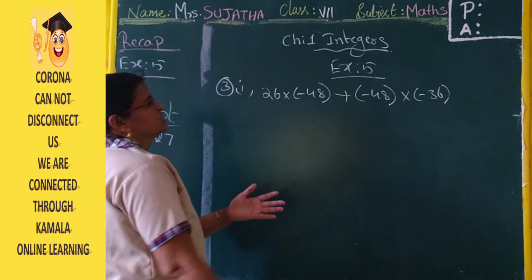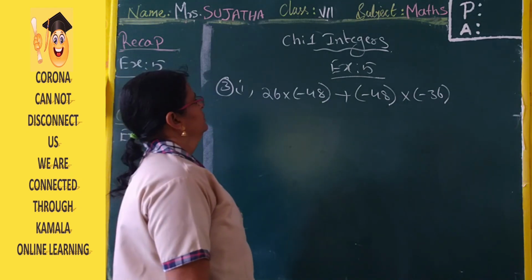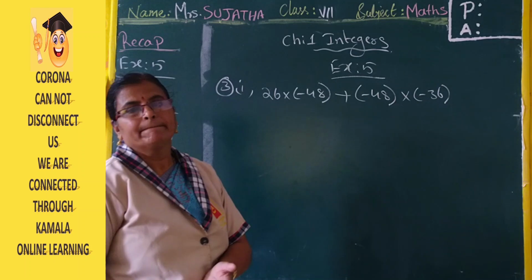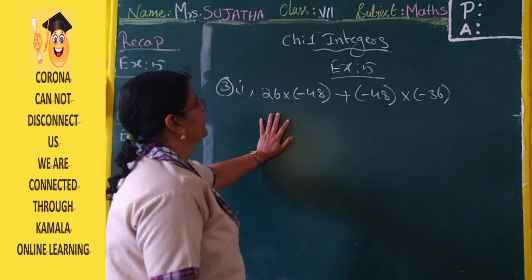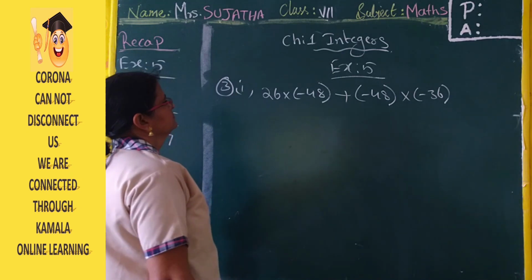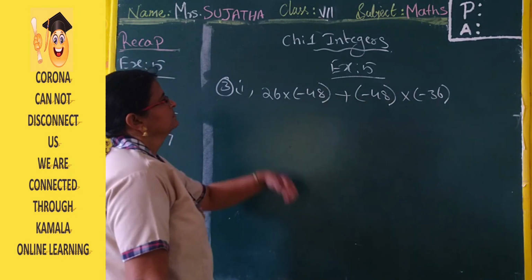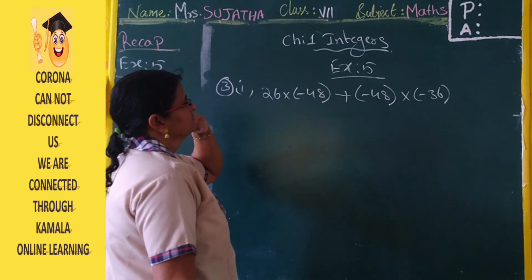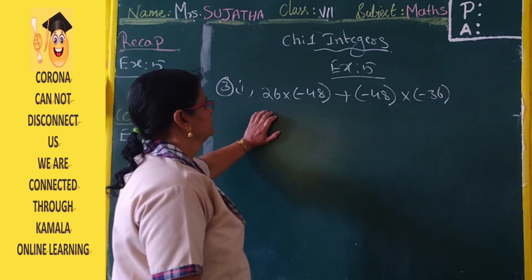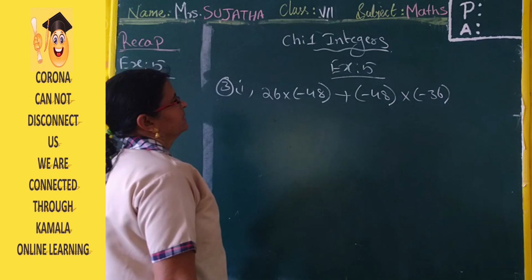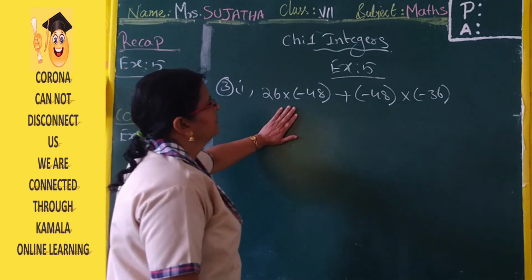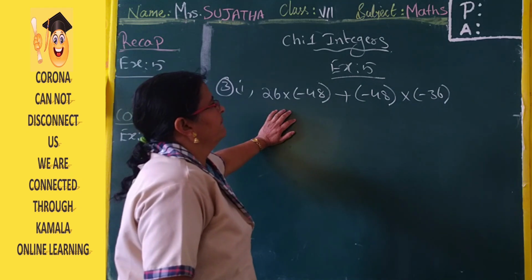So which property can I use here? How many numbers are there?